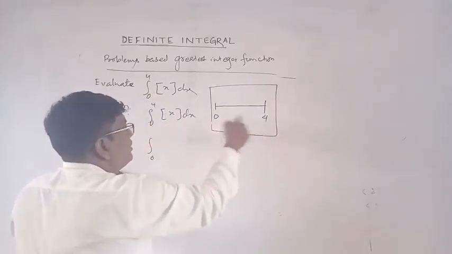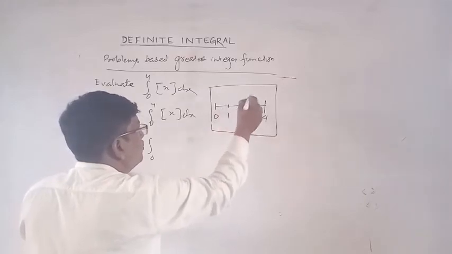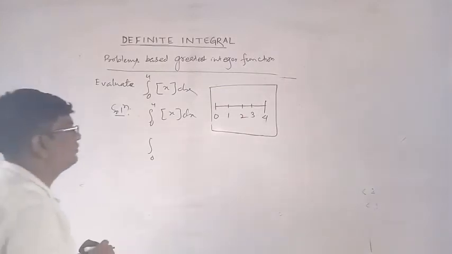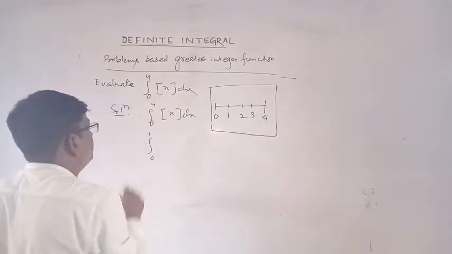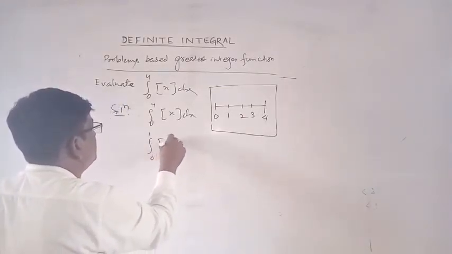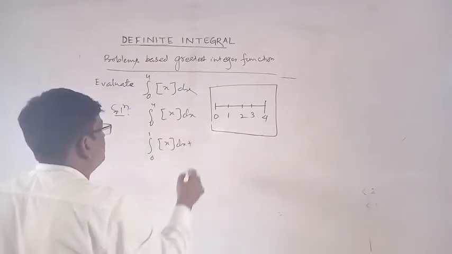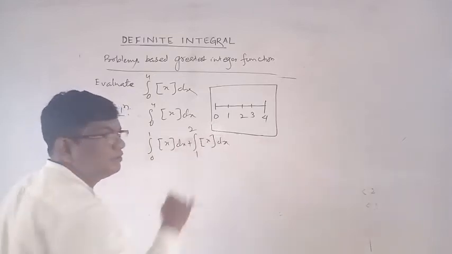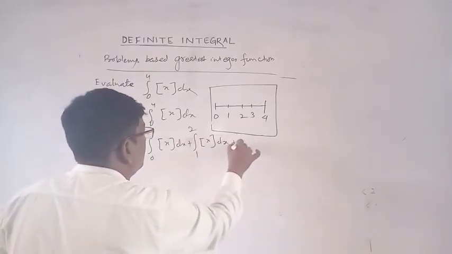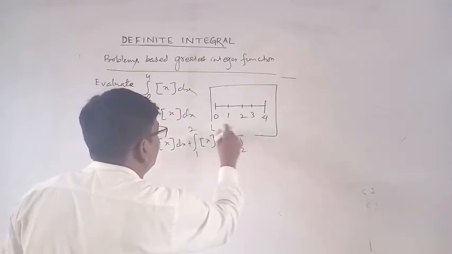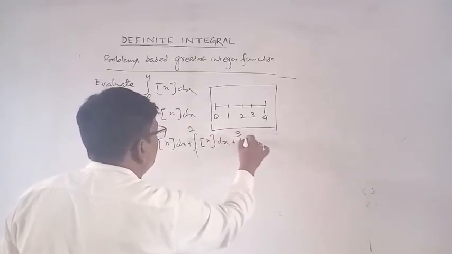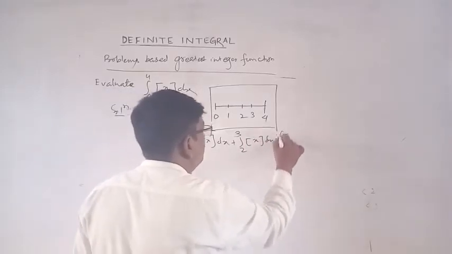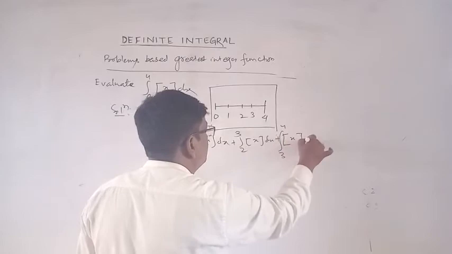The integers between are 1, 2, 3. So the integral from 0 to 1 of bracketed x dx plus 1 to 2 of bracketed x dx, then 2 to 3 of bracketed x dx plus 3 to 4 of bracketed x dx.